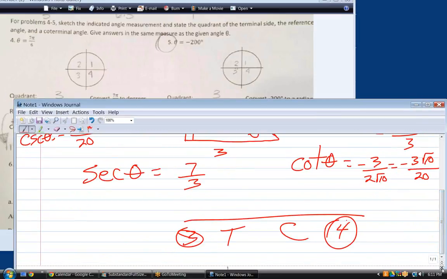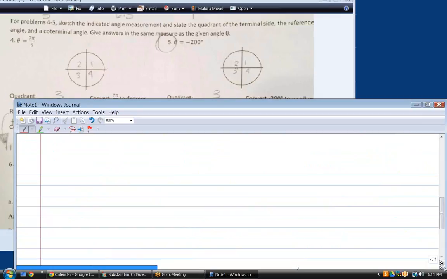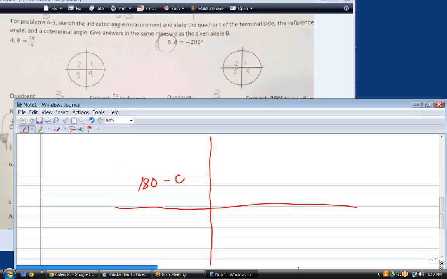So when you're getting the reference angle, do you subtract or add 180? Here's what you have to memorize. In the second quadrant, it's 180 minus theta. In the third quadrant, it's the reverse of that: theta minus 180. And in the fourth quadrant, instead of 180 minus theta, it's 360 minus theta.